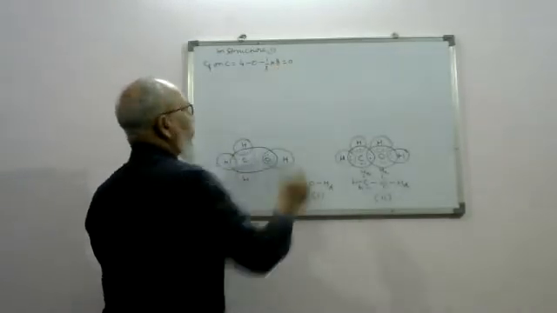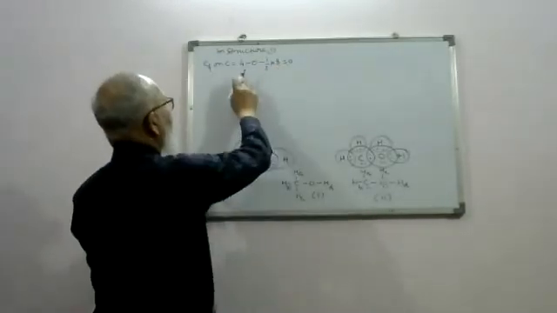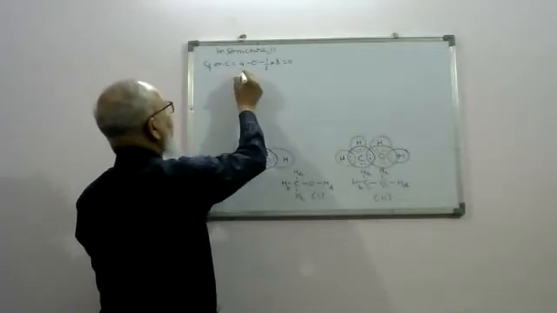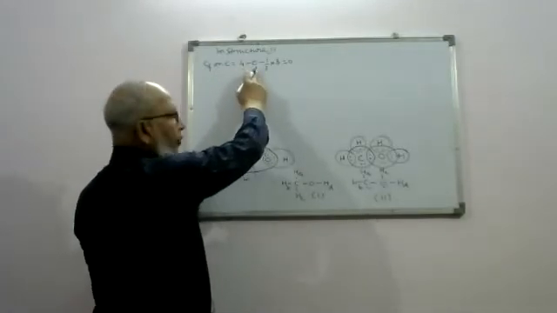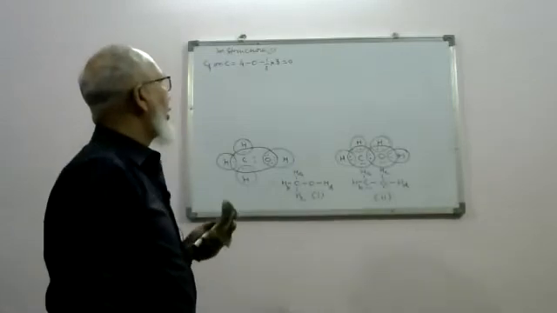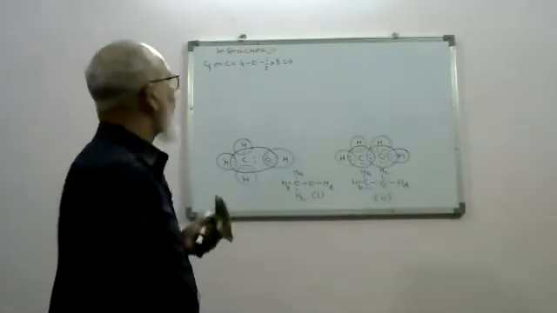This total is equal to 0. This 4 represents the valence electron, 0 represents the unshared electron, and 8 represents the shared electron.